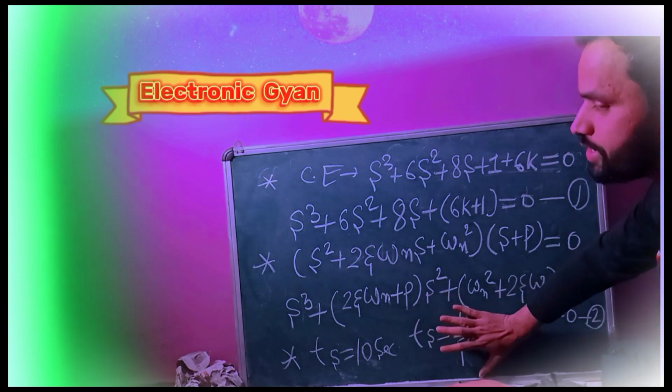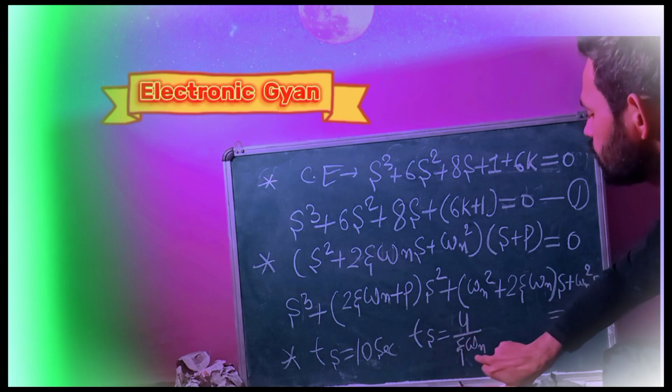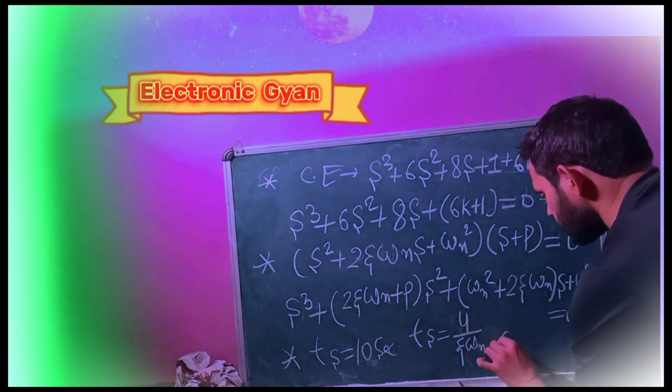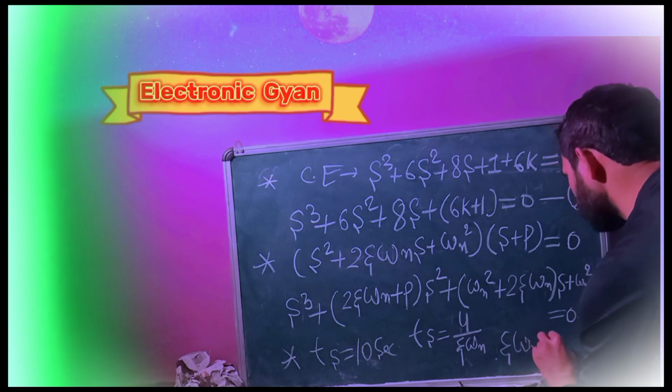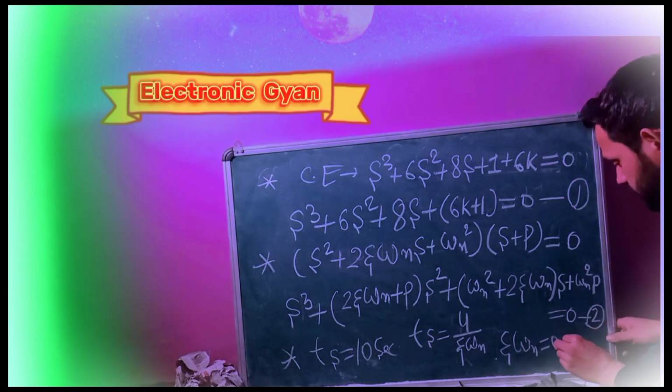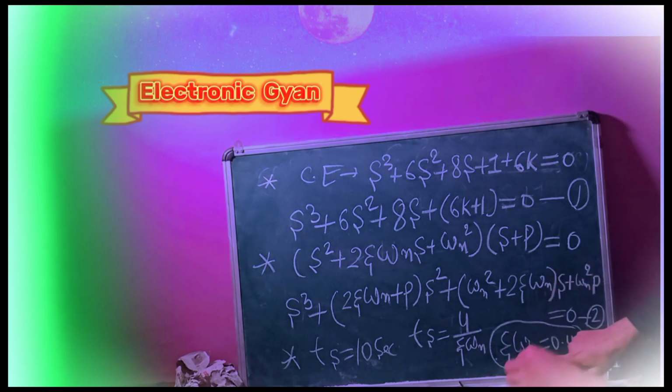This is the settling time for the second order system. From this we can calculate the value of zeta omega n, which is nothing but 0.4. Yes, zeta omega n will be equal to 0.4.